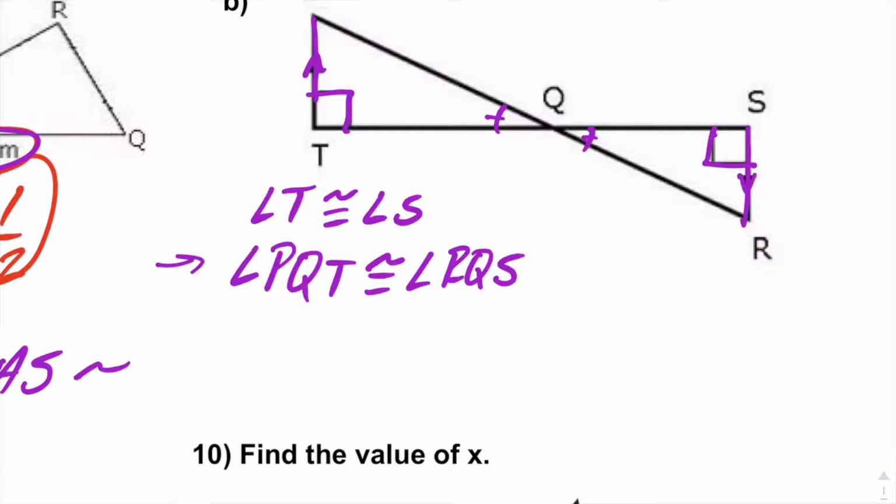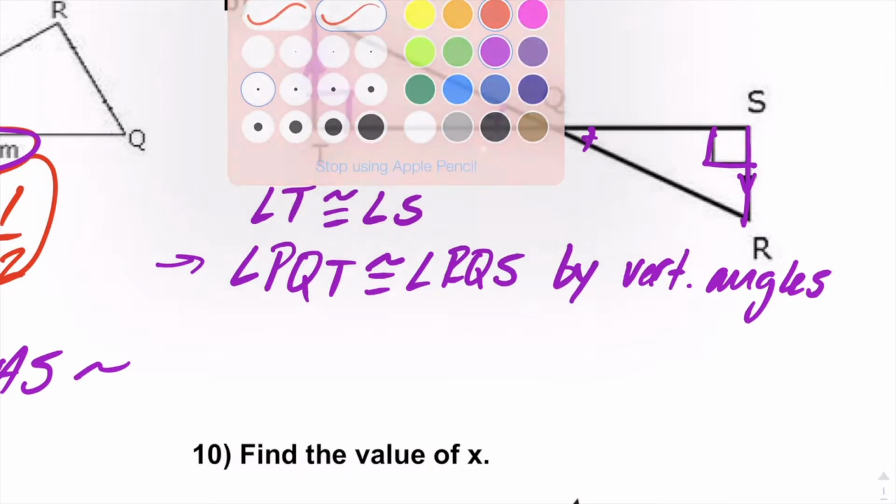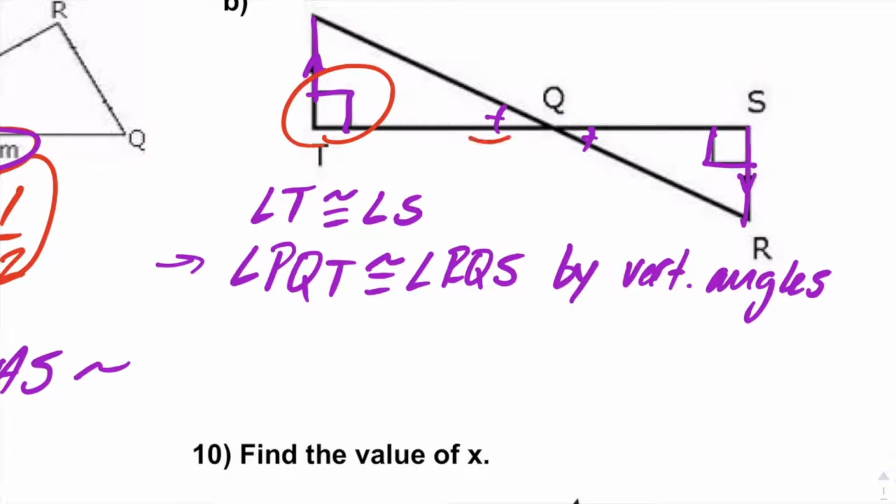By vertical angles. So we have two triangles and we have two different things that are the same. We have this angle and this angle is congruent to this angle and this angle. Therefore, yes, the triangles are congruent or similar. I'm sorry. Yeah, that's your similarity.